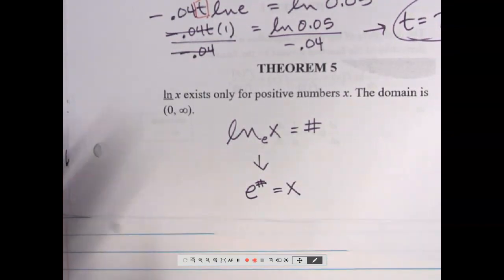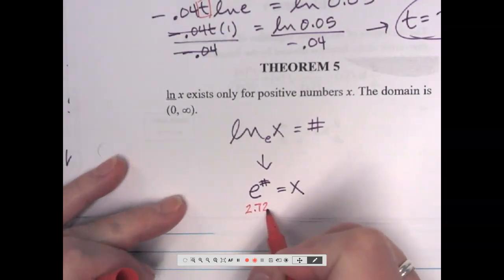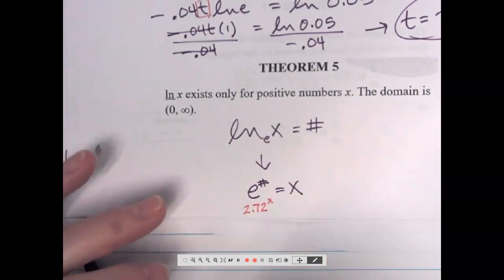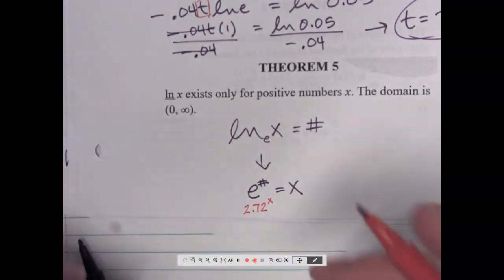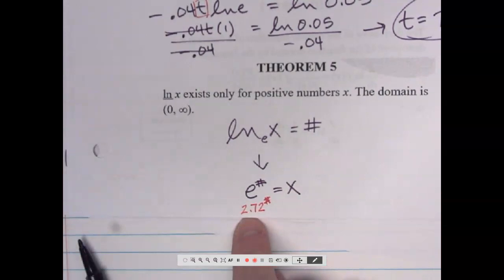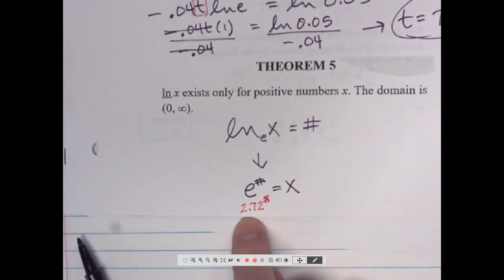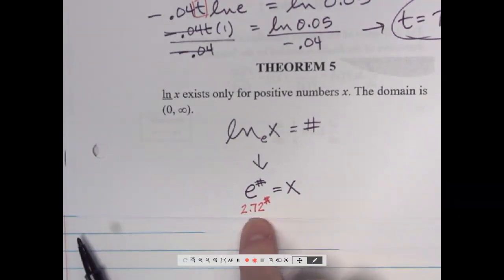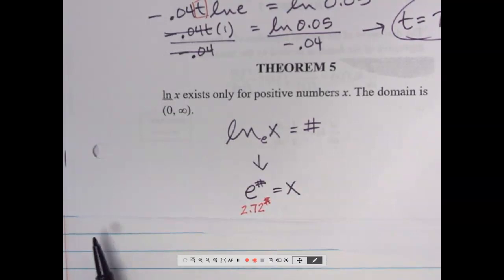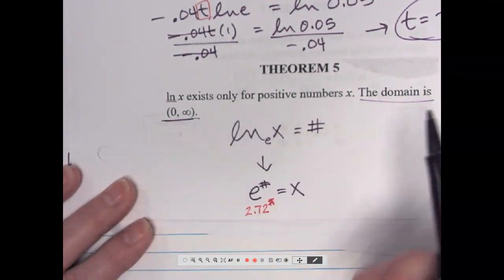Okay, well, e is this number like 2.72 raised to the x, or raised to a number. Can I raise a positive number to a power and get anything but positive? Like, I'm not going to take almost 3, raise it to a power, and get a negative answer, right? So that's why the domain is from 0 to infinity.